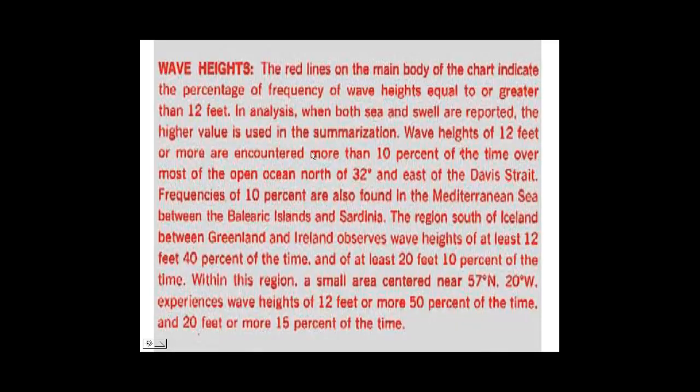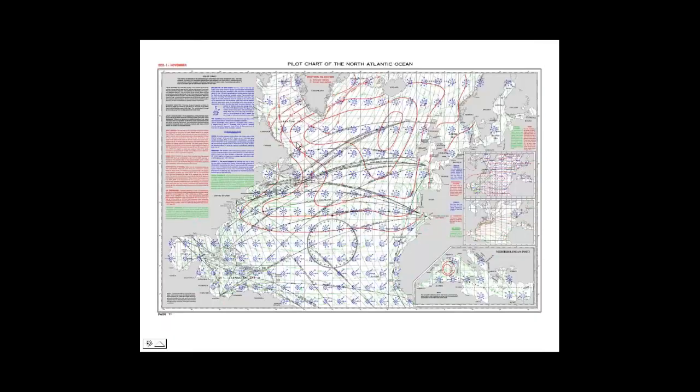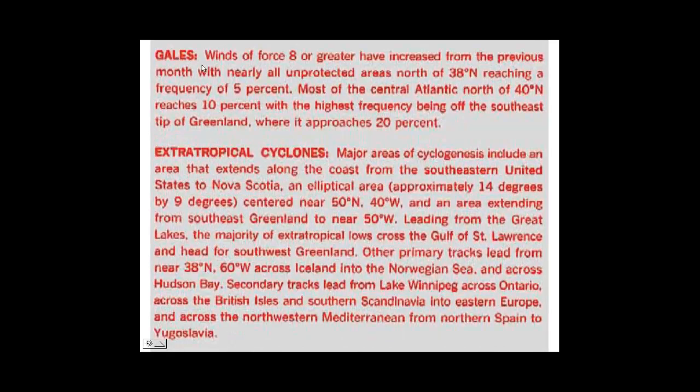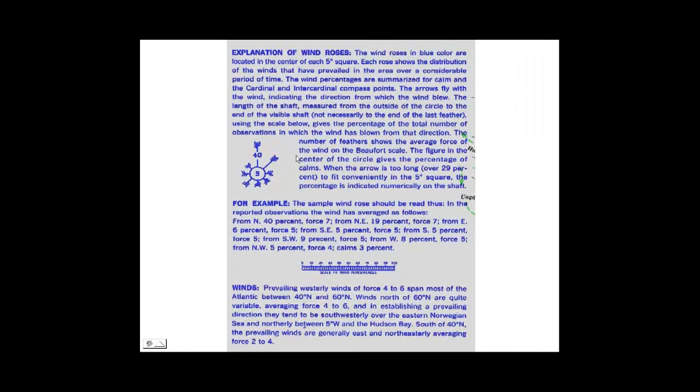They also have descriptions, and you can't read this very well, but I just want to point out that these descriptions describe, for example, wave heights that you should expect in this area. They describe gales that you should expect, extratropical cyclones that you can expect. Here are the wind rose explanations. What does this mean? And here's examples of it.